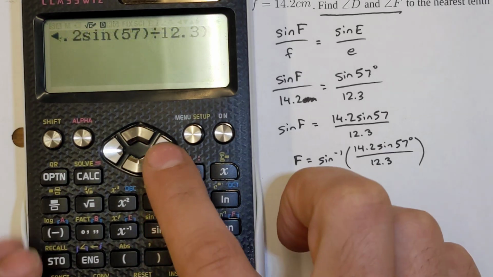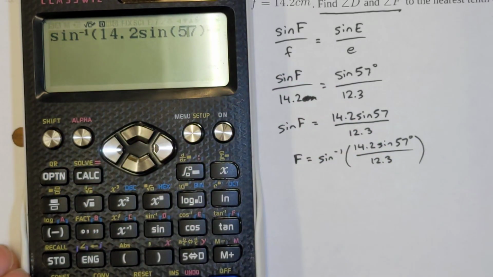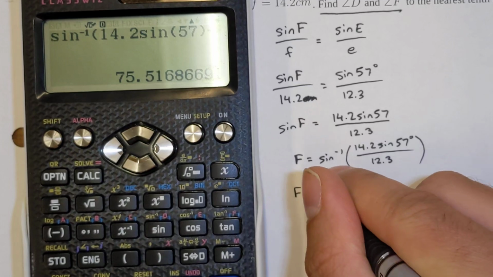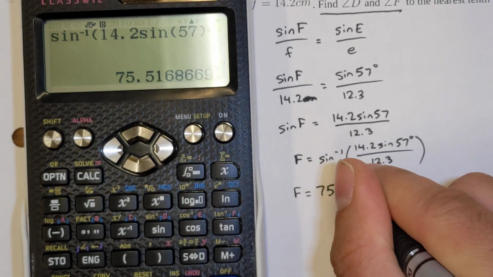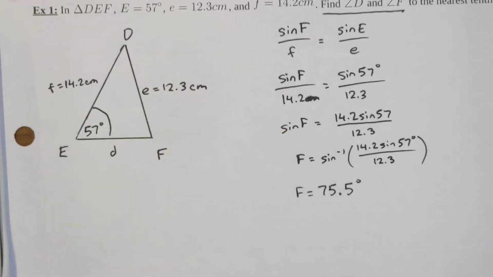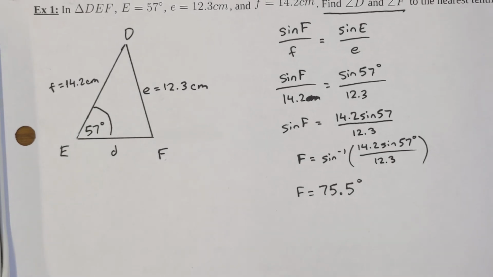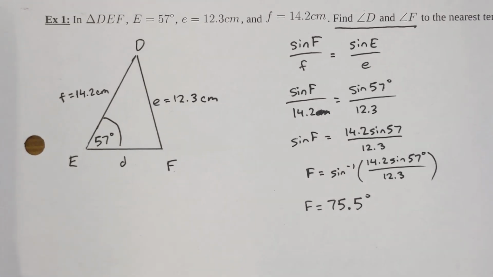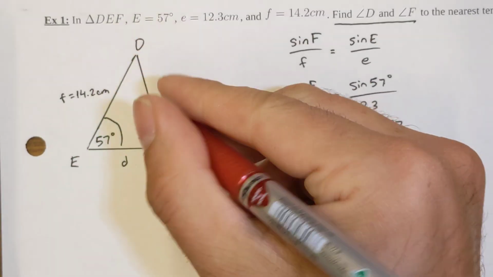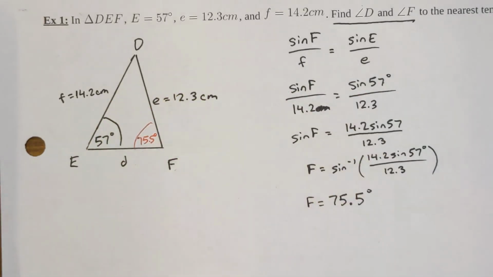So I put all that in a big set of brackets, my sine inverse, and we get F is 75.5 degrees. That looks like it makes sense on the triangle we've drawn here. Maybe I'll add this in a different color. 75.5 degrees, my angle F.